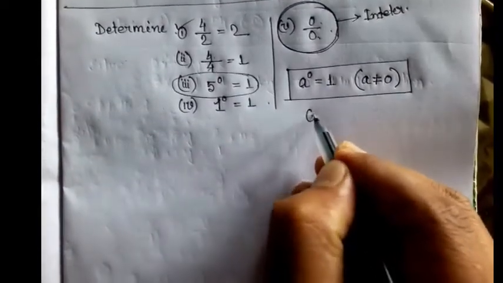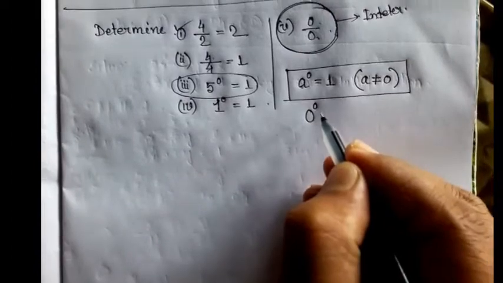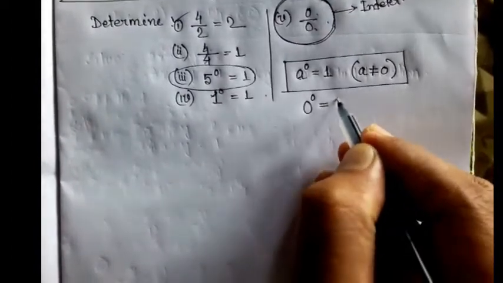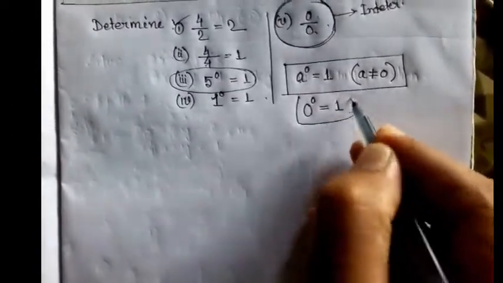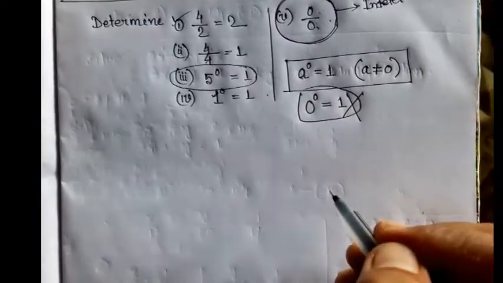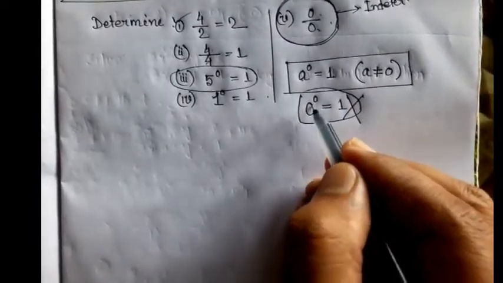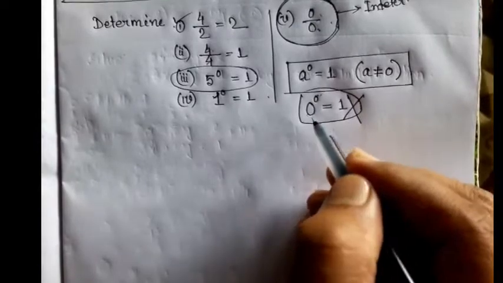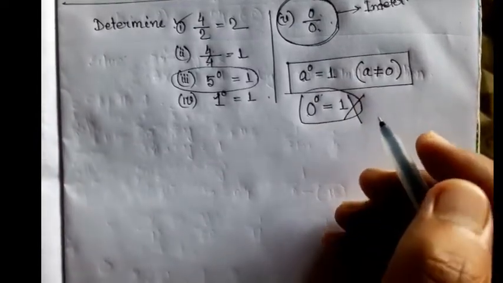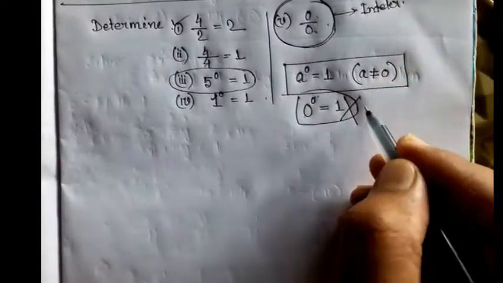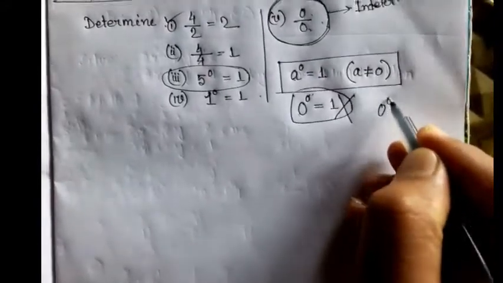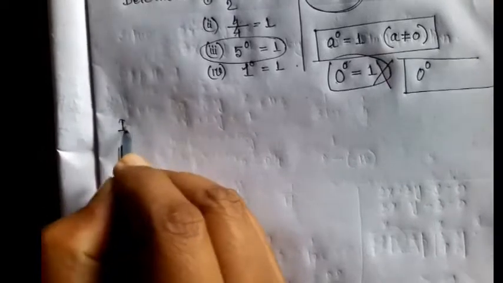So for 0 to the power 0, you cannot write that it is 1. This is the wrong conclusion. Actually 0 to the power 0 is also an indeterminate form. So another indeterminate form is 0 to the power 0. I am writing here indeterminate form.